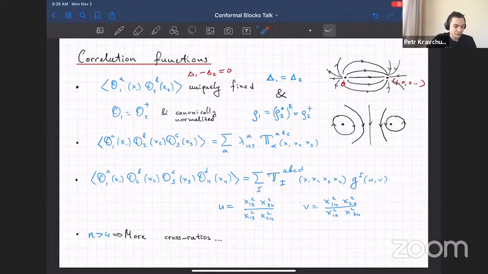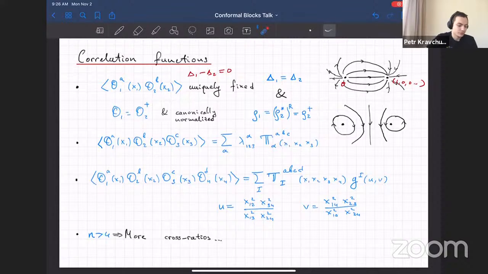Now, this is constrained by additional symmetries which fix the 3 points, but in general, there can be several conformally invariant 3-point functions which are linearly independent. So here I denote these conformally invariant 3-point structures by T of x1, x2, x3. It carries these indices A, B, C, and the multiplicity is labeled by alpha.